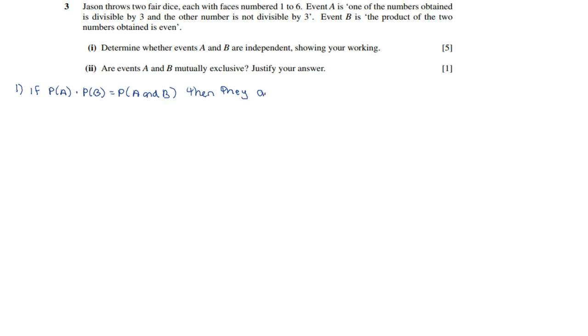So what we've got to do is figure out the probability of A, the probability of B, and the probability of A and B, and then check to see if when I multiply A times B, I get what I got for A and B. So how are we going to figure out the probabilities? Well, one way to do this is we've got dice, and we know the possibilities. We've got 1, 2, 3, 4, 5, and 6 for the one die, and then we've also got 1, 2, 3, 4, 5, and 6 for the other die.